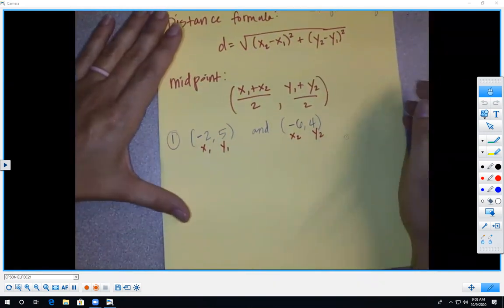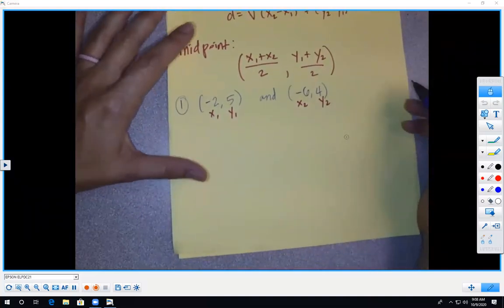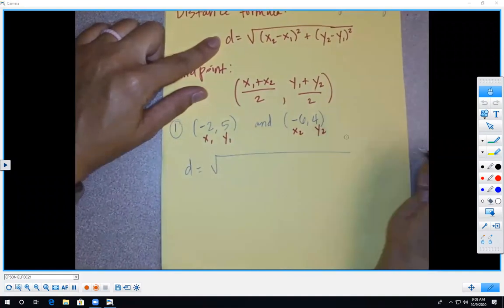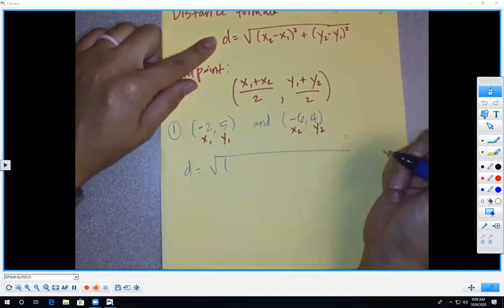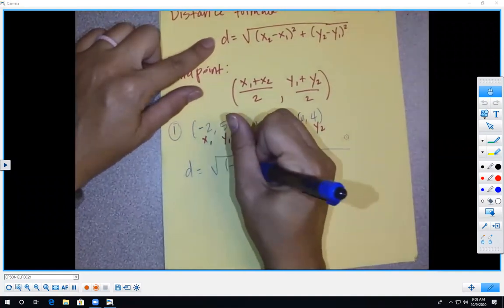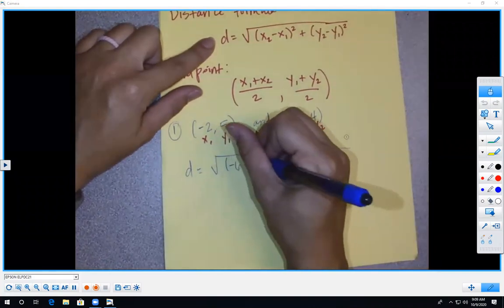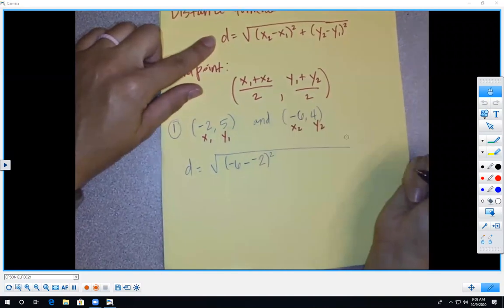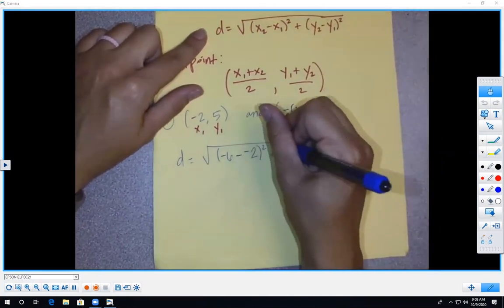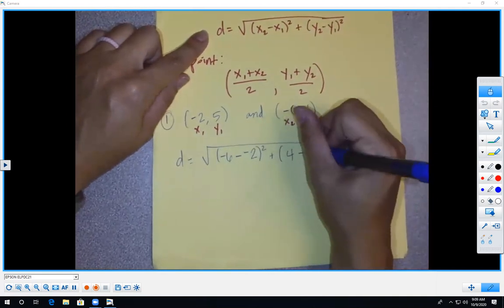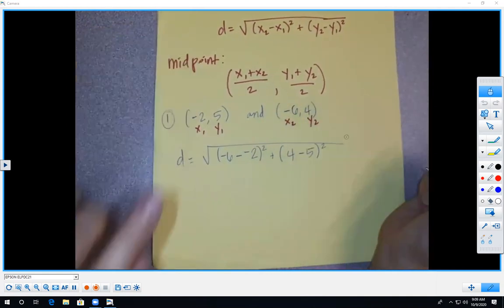When we plug them into the distance formula, the distance equals the square root of x2, which is -6, minus x1, which is -2, squared, plus y2, which is 4, minus y1, which is 5, squared.